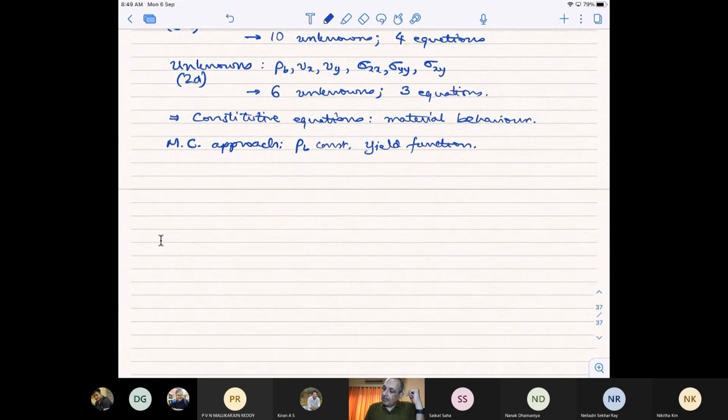So we look precisely at how this works out and how we can essentially get all of the variables with just using these two things, that rho b is constant and using a proper yield function.